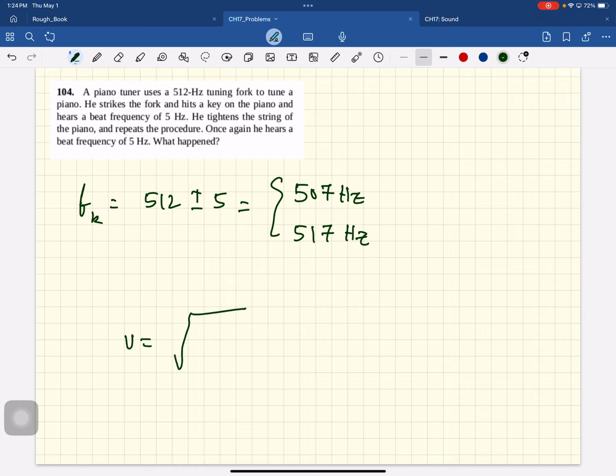Okay. So here's what our friend said. The velocity of the wave on the piano string is the square root of tension divided by the mass per unit length. Velocity is frequency times wavelength. When you increase the tension, the velocity increases. The wavelength depends on the length of the string, and the length of the string didn't change.